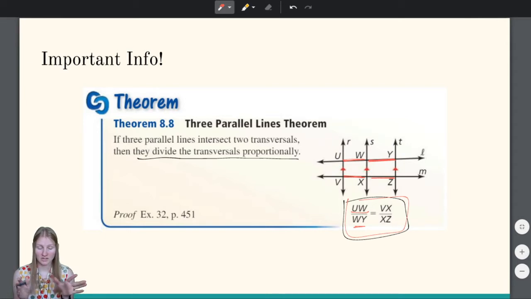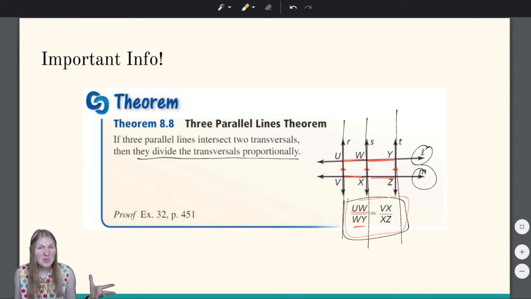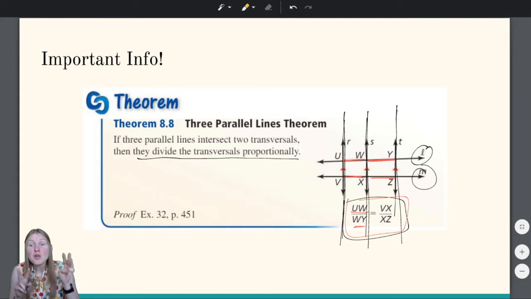So notice we have three parallel lines that intersect two transversals. The transversals are the lines that are not necessarily parallel. They could be parallel, but they are the lines other than the other three, right? We have three parallel lines. The other two lines are the ones that are being split up into proportions.